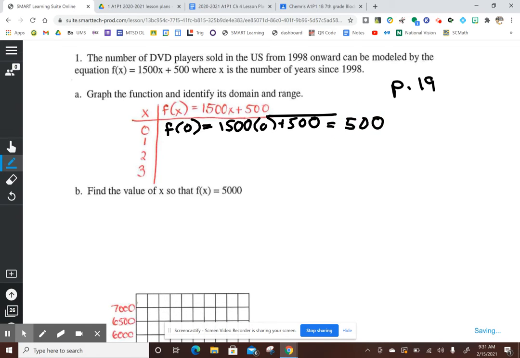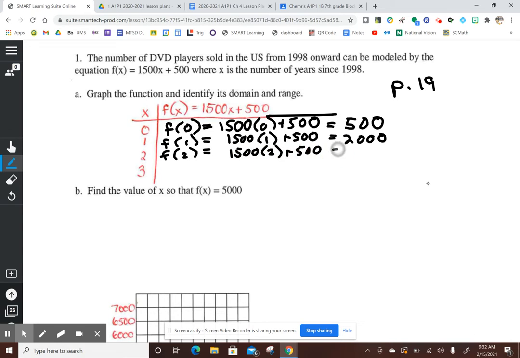Now, if you want, you can just write the 500. You don't have to show the work, but I'm going to show the work for people who need to see it. So f of 1 would mean I plug in a 1 for x, and that's 1500 plus 500, that's 2000. And f of 2 would be 1500 times 2 plus 500, and that would be 3,500.